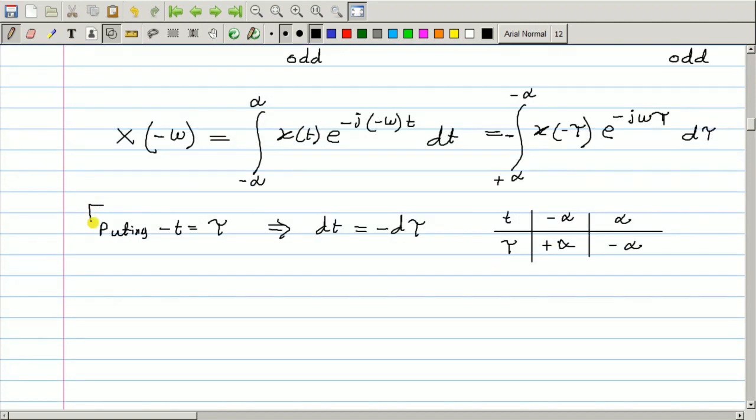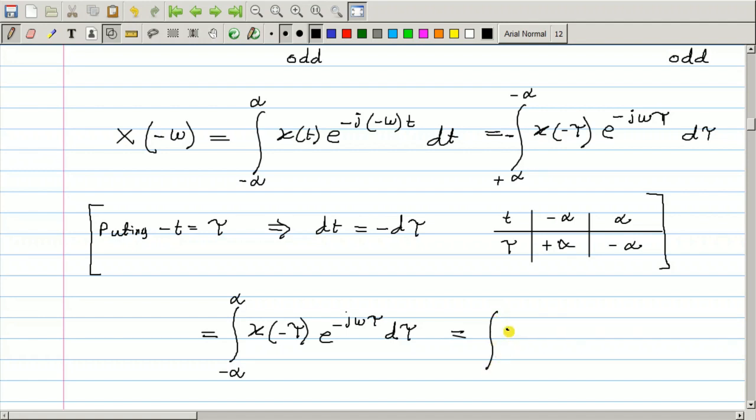Next, this you can write as, let's consider this minus sign and swap the limits of integration. So we will write minus infinity to plus infinity, x of minus tau e to the power minus jω tau d tau, and tau being a dummy variable, in place of tau you can easily put any other variable like t.